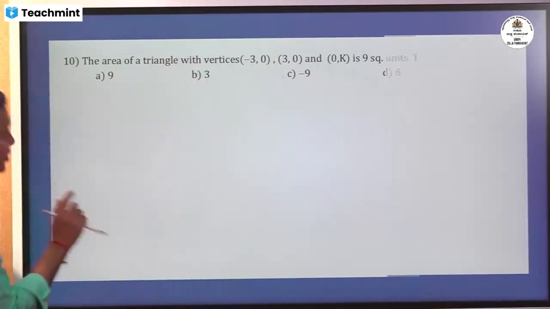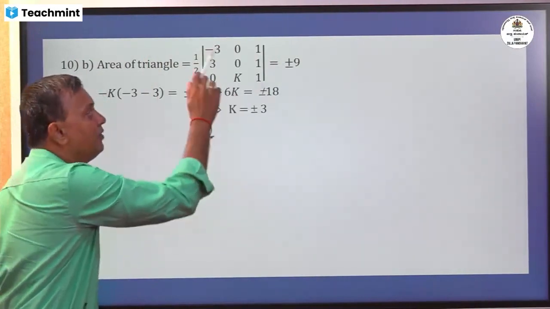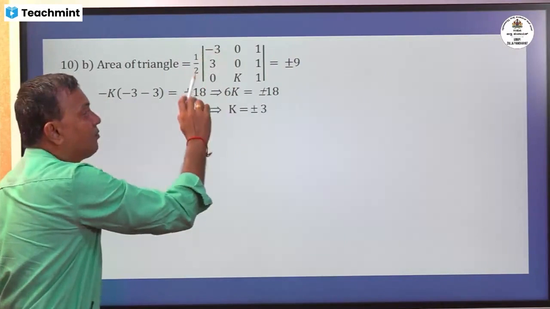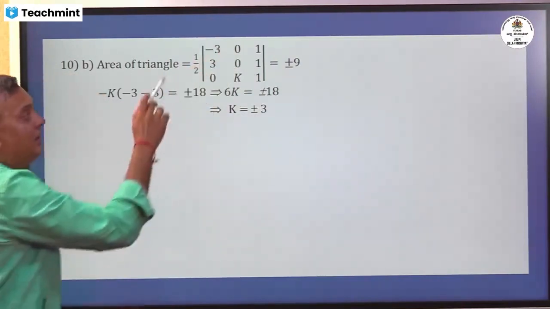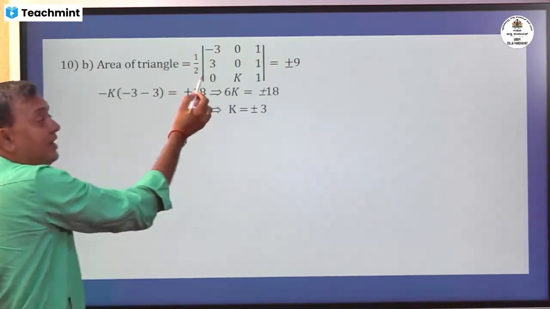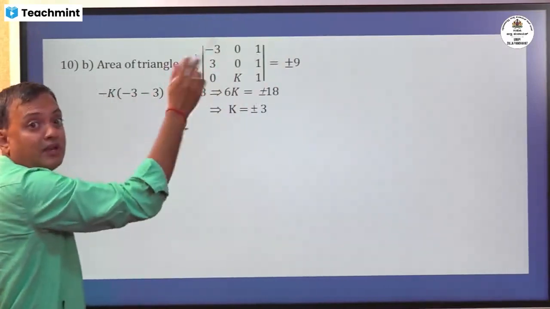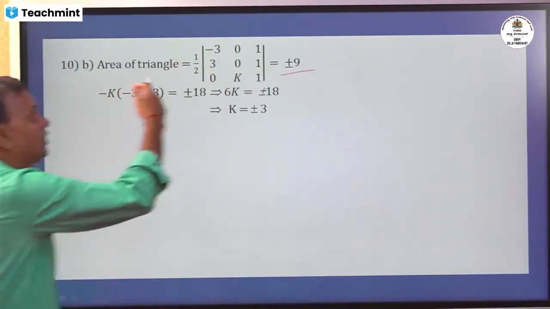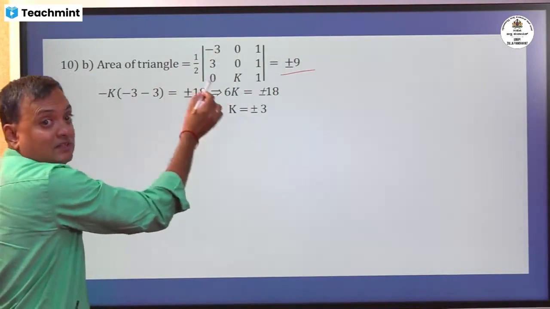Area formula is half into the determinant of minus 3, 0, first point, 3, 0, second point, 0, k, third point, last column 1, 1, 1. Area given is 9, but this is a determinant. Area is always positive, the determinant may be positive or negative, so take plus or minus. Then expand, take to the other side, expand, this is not modulus, this is a determinant.